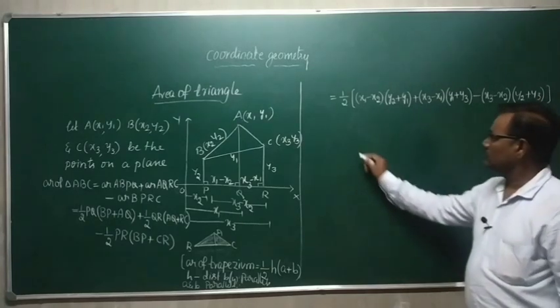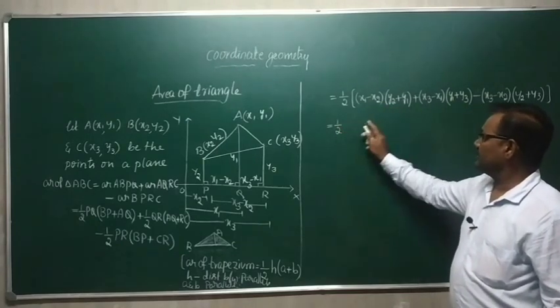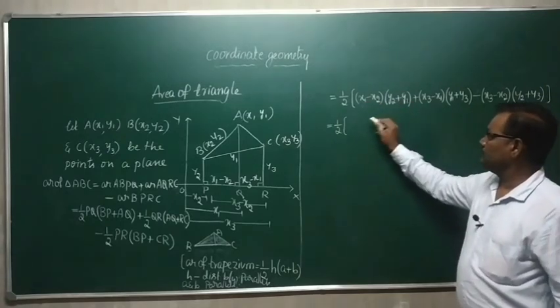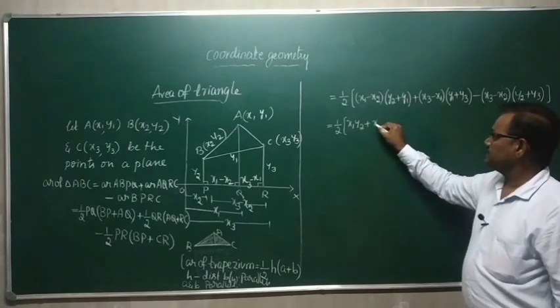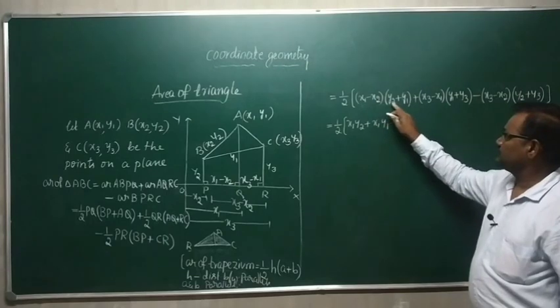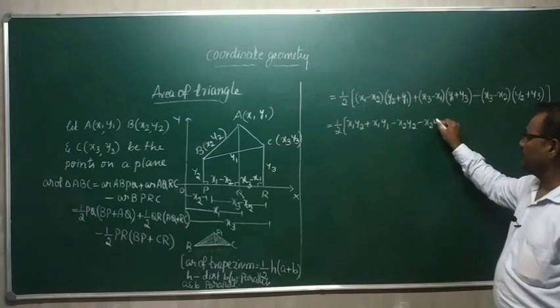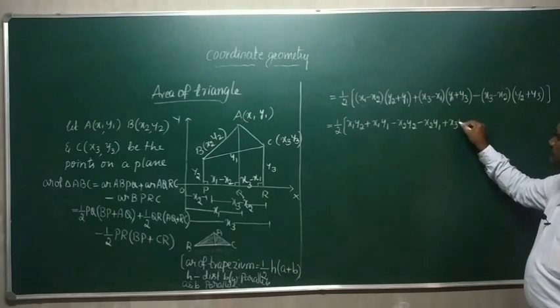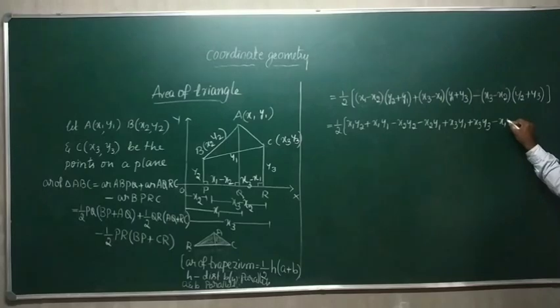Yes. Now, within the bracket terms, we have to multiply, that is binomial by binomial. Multiply these two things with x1 first: x1 y2 plus x1 y1, minus x2 y2 minus x2 y1, plus x3 into this one: x3 y1 plus x3 y3 minus x1 y1 minus x1 y3.